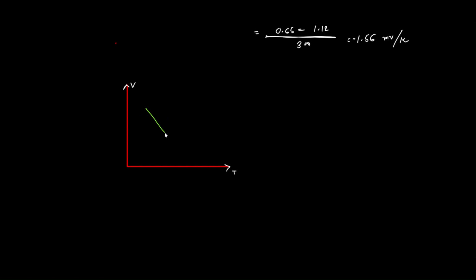That's why we get this kind of CTAT voltage, whose slope is minus 1.56 millivolt per Kelvin. But in a practical case, the slope is not linear. There is some non-linear effect.